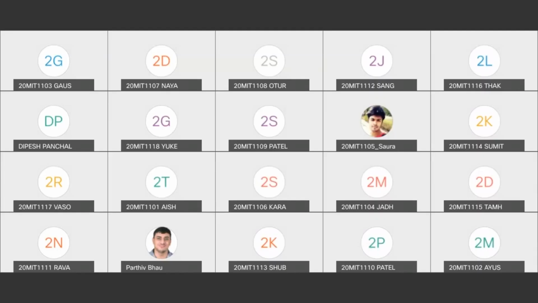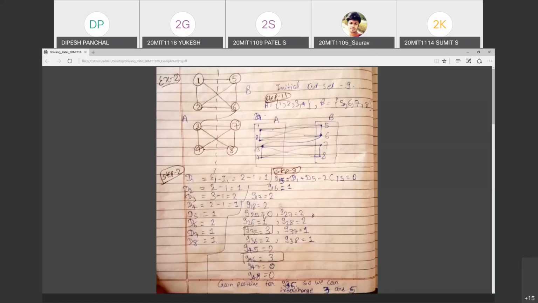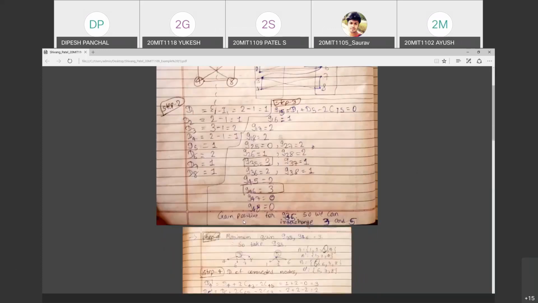Let me share Sivan's answer. Is this screen visible? Yes, sir. This is one of the students of your batch who did this exercise, 3 and 5.